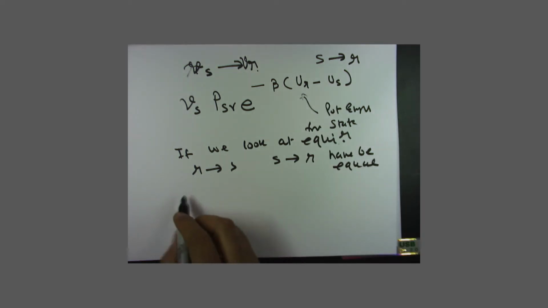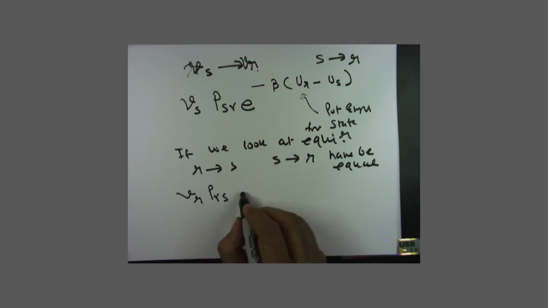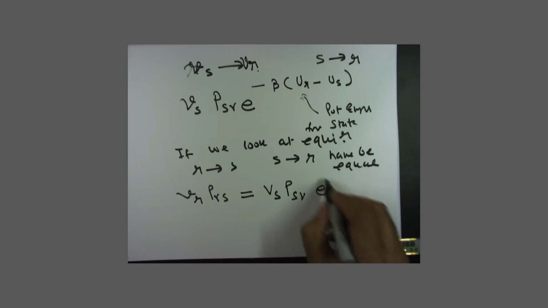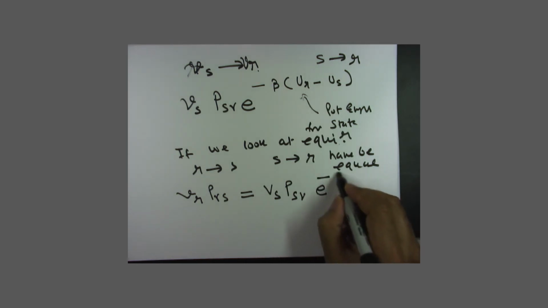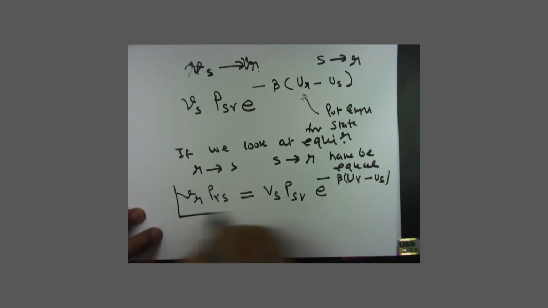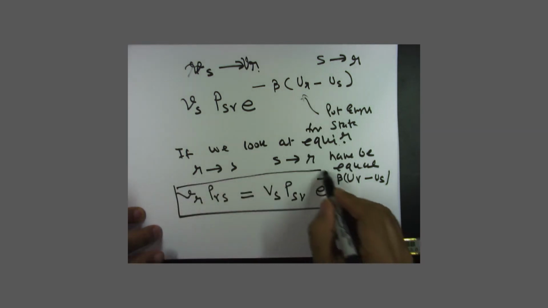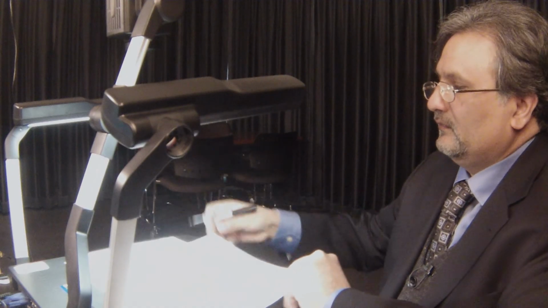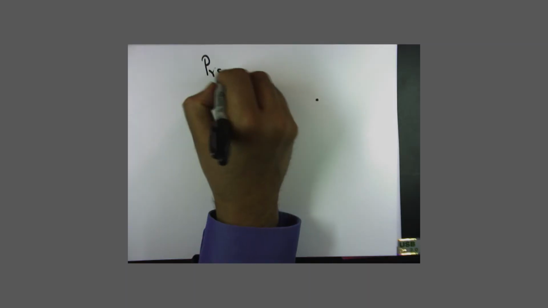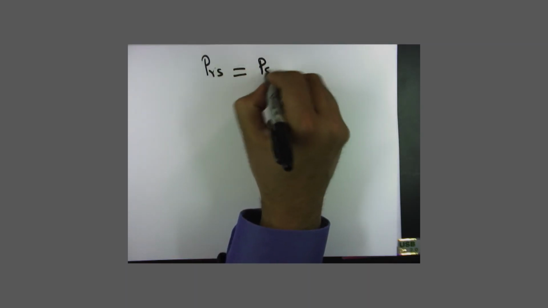So, now we can write V R P R to S is equal to V S P S to R multiplied by the Boltzmann function of minus U S. So, this is the equality that we are looking for in this transition. For this transition, what we are now looking at is that P R S will be equal to P S R.